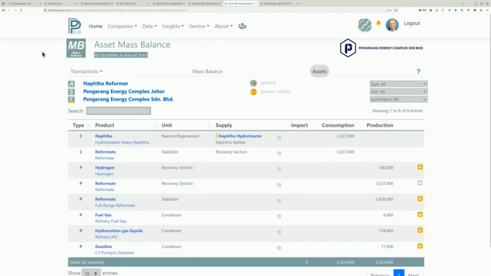And this is the asset mass balance. We determine all the streams, what goes into the unit and what comes out of the unit, and we look at the mass balance for the whole site.